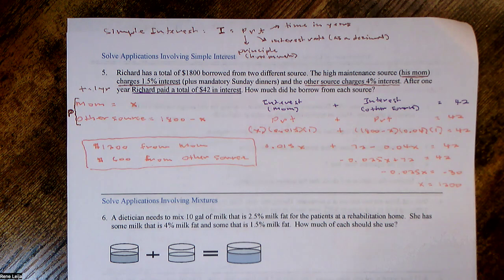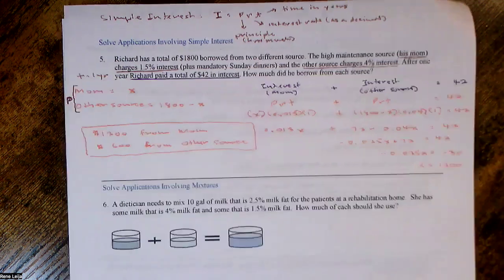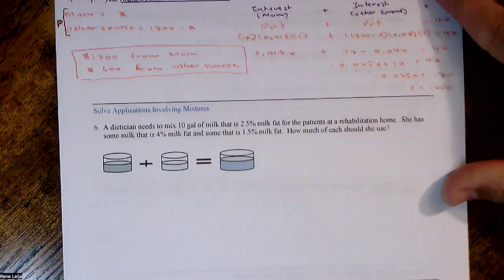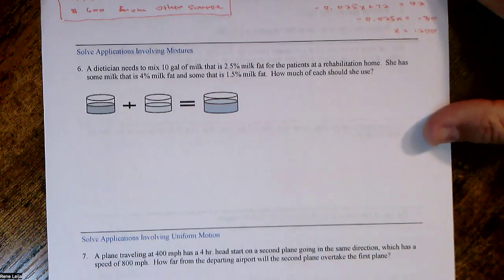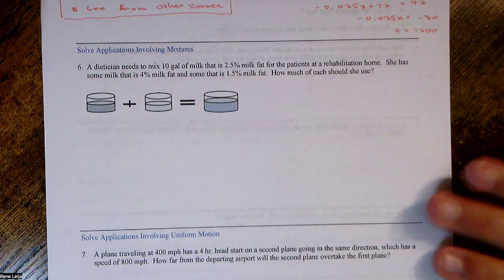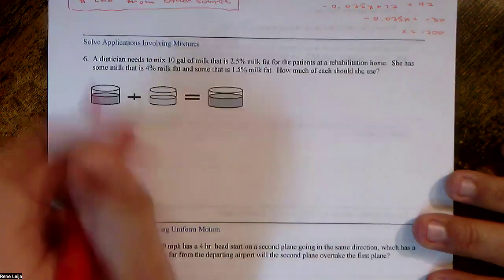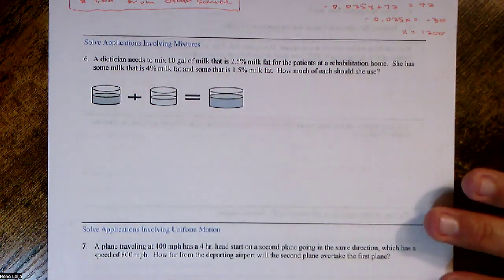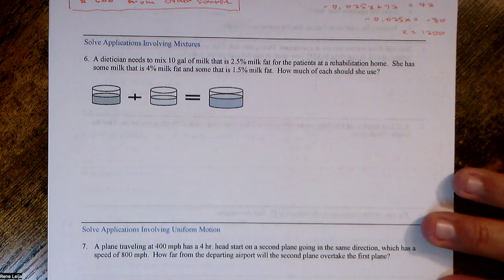Okay. All right. Now, the next type of equation that we look at is called a mixture problem. Okay, so let's read through this. It says a dietitian needs to mix 10 gallons of milk that is 2.5% milk fat for patients at a rehab home.